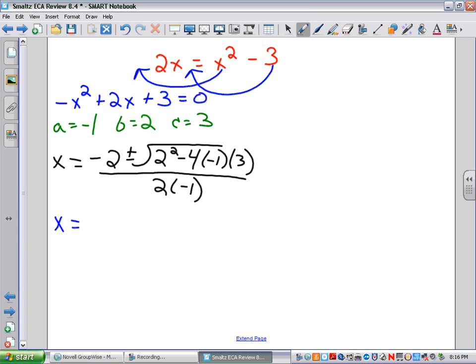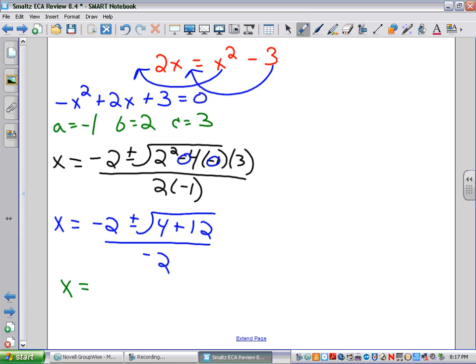So X would equal negative 2 plus or minus the square root of 2 squared is 4. Again, I see 2 negative signs, so I'm on a plus sign. 4 times 1 times 3, that'd be 12, all over negative 2. Next thing, let's add the 4 and the 12 to get 16.